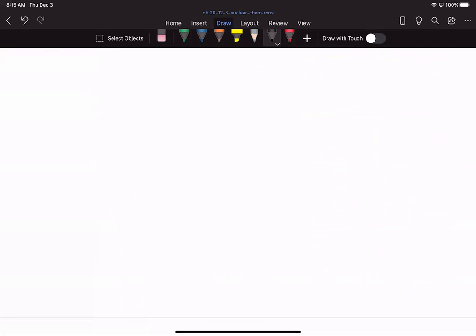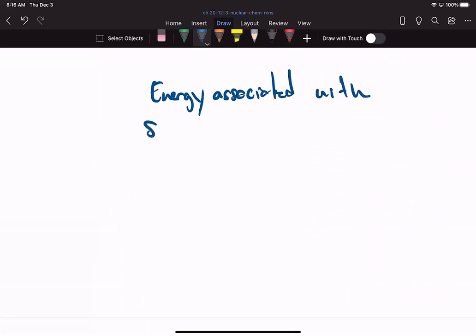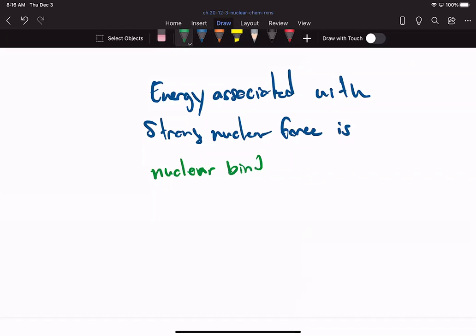So the energy associated with the strong nuclear force is what we call nuclear binding energy.